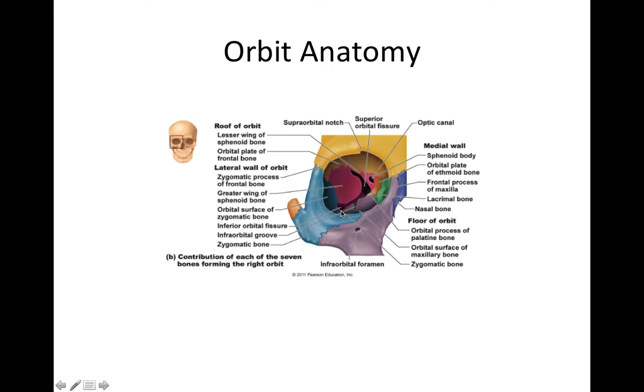It goes down in the orbit and actually comes here through the infraorbital foramen onto the face. Remember that maxillary division is providing sensory innervation of the face. So anytime you're doing a surgery that involves the orbit or monitoring it in some way, know that all these structures and important vessels and nerves are passing in these areas to understand where you are surgically and what's at risk.